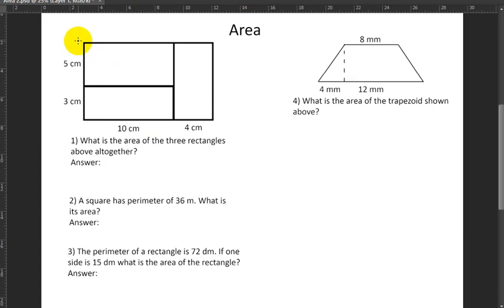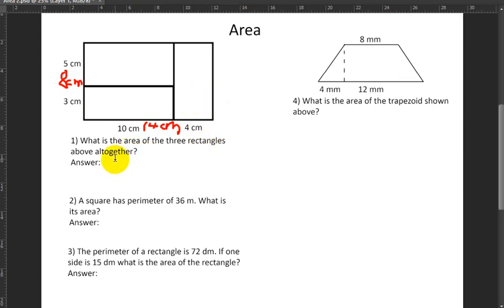So this side is 5 and 3, which makes it 8 centimeters. And this side is 10 and 4, which makes it 14 centimeters. And then we can do 8 times 14 to find the final answer.